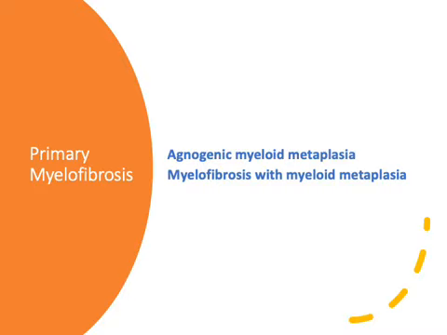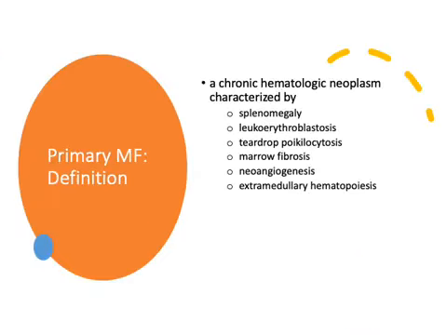This is known as myeloid metaplasia or extramedullary hematopoiesis. The disease is characterized by the presence of splenomegaly, leukoerythroblastosis, teardrop poikilocytosis, marrow fibrosis with neoangiogenesis, and extramedullary hematopoiesis.